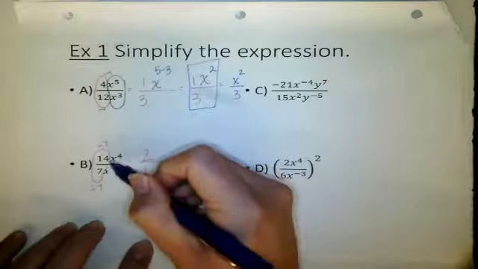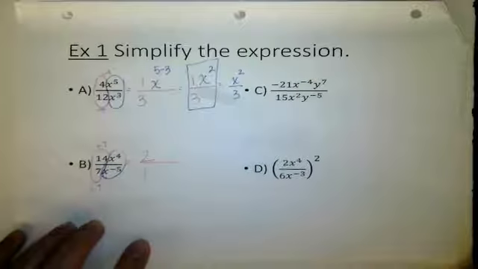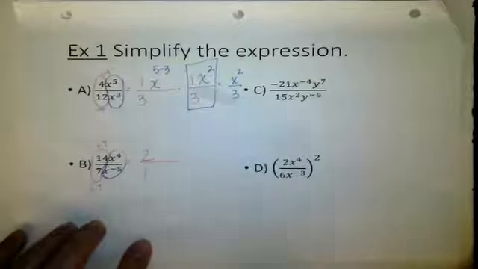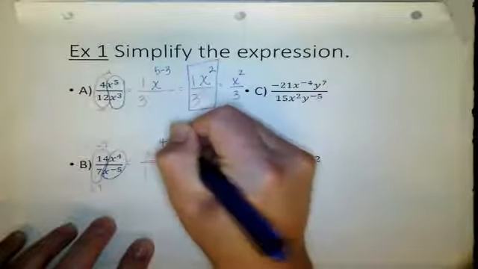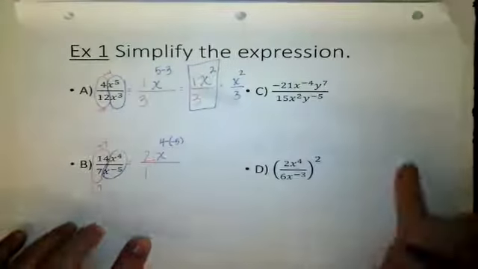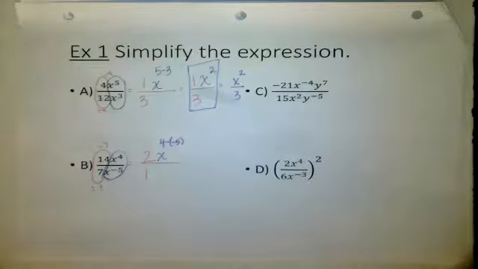Then I have x to the 4th divided by x to the 5th. They have the same base. We put the base in the numerator. What do we do to the exponents? Subtract them. 4 minus a negative 5. Be very, very careful. 4 minus a negative 5 is really what?